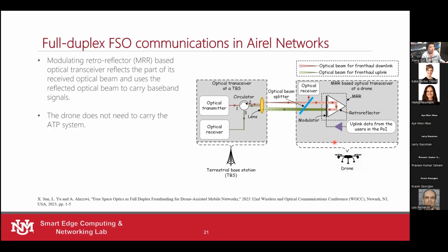Meaning that it's not necessary to have the whole ATP system mounted on the drone. Because if we implement the ATP system at the base station to make sure this downlink FSO beam is well aligned, then the uplink optical beam is automatically aligned because it is a reflected beam. All right. So by doing so, we can significantly reduce the payload of the drone.